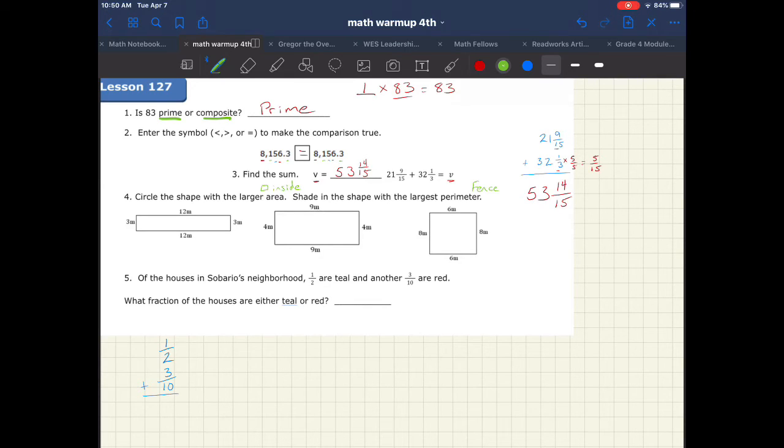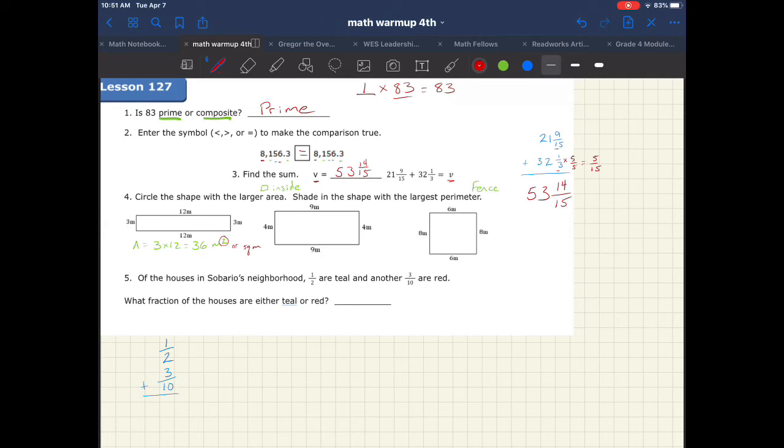So to find area, we're going to say 3 times 12 equals 36. And it is square meters. That's the fancy way to do square meters, is with the little 2, but it is important when you do area to either do the meters with the 2, or you can say square meters, but that label is important.